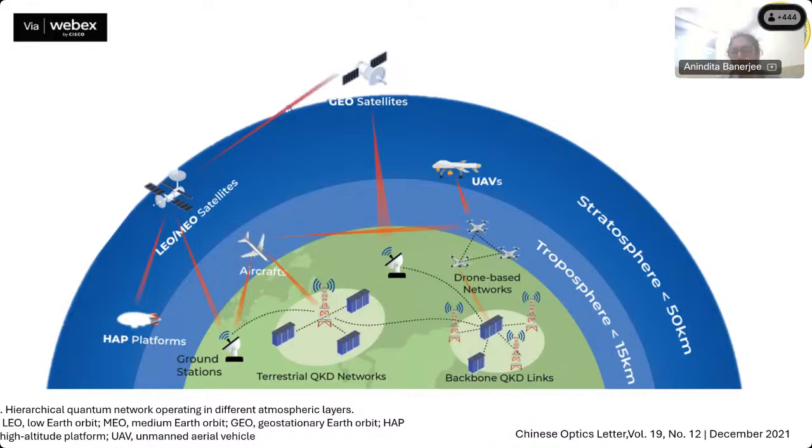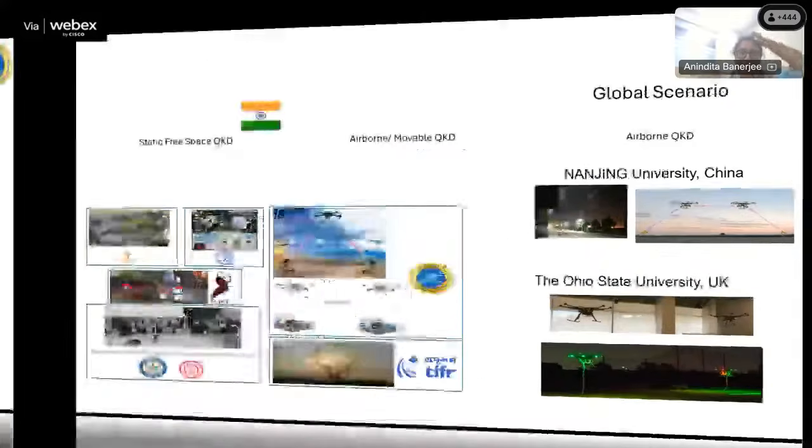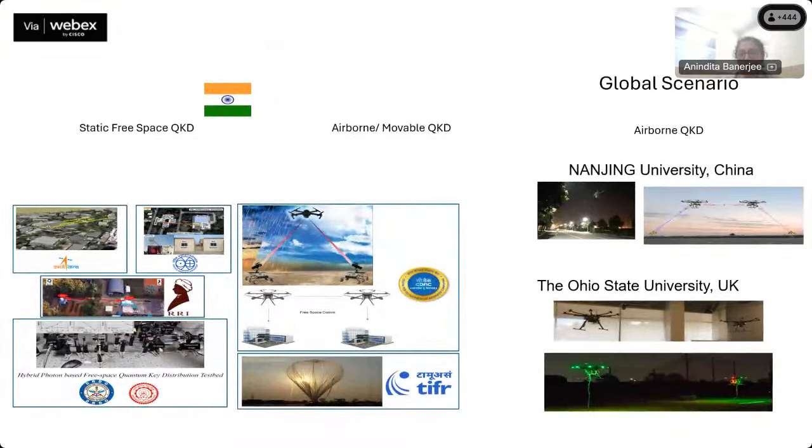Now, to achieve this, we would require a lot of engineering from different disciplines to bring state of the art technology, to understand the loopholes, and to work around them. Such activities have happened in Nanjing, China.